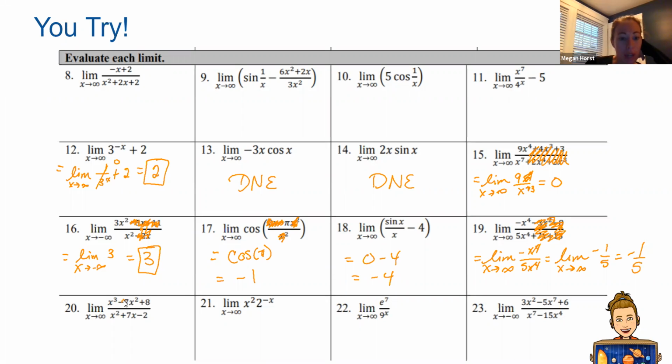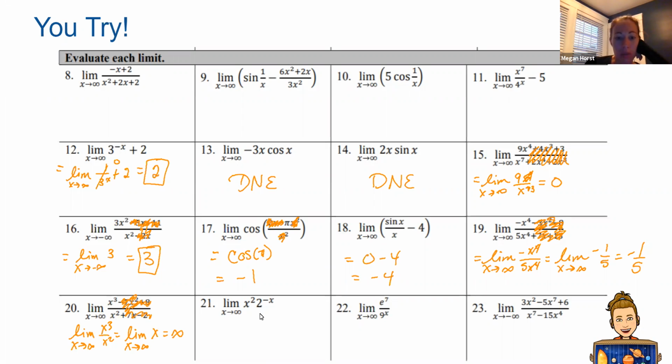Over here, my non-leading terms cancel out. I'm left with the limit as x goes to positive infinity of x cubed over x squared. That's going to cancel to just be a positive x, so that's going to go to positive infinity.